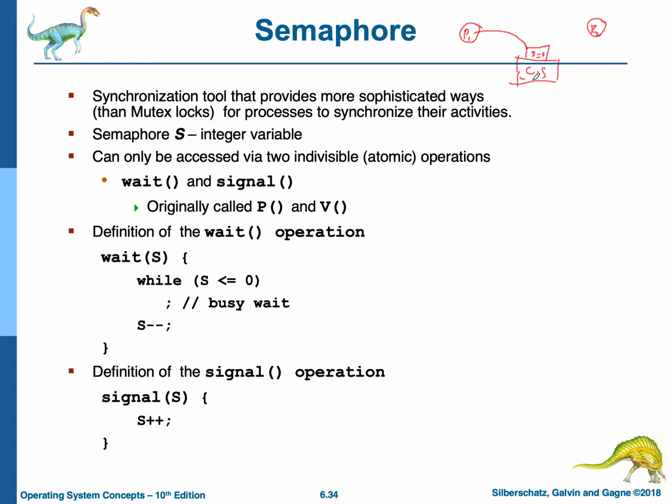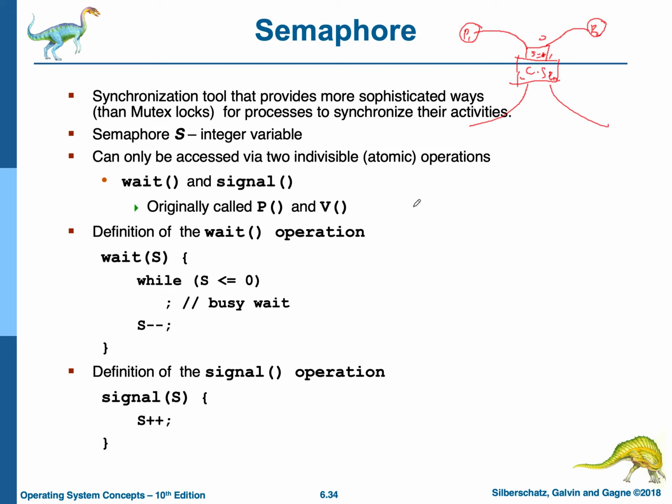So here P1 is in the critical section. When P1 releases the resources, it makes S 1, so that this process can now enter into the critical section, and when it releases, it will again make it 0. Okay, so how does this actually work?